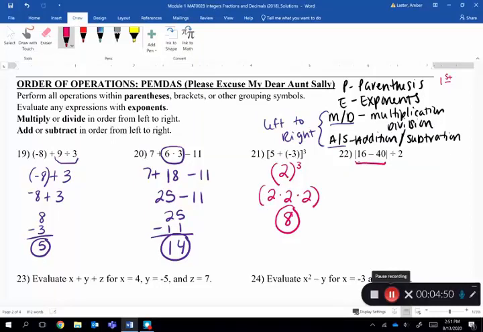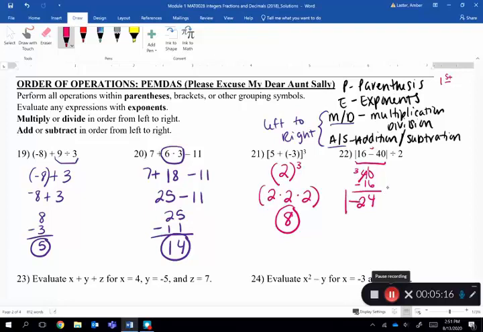Remember, we're going to take the absolute value of each one. So 40 is larger, minus 16, right? 0 can't minus 6, so we borrow, make this 3. This becomes 10. 10 minus 6 is 4. 3 minus 1 is 2. So I would have 24, and then I take the sign of the larger number, which would be negative.